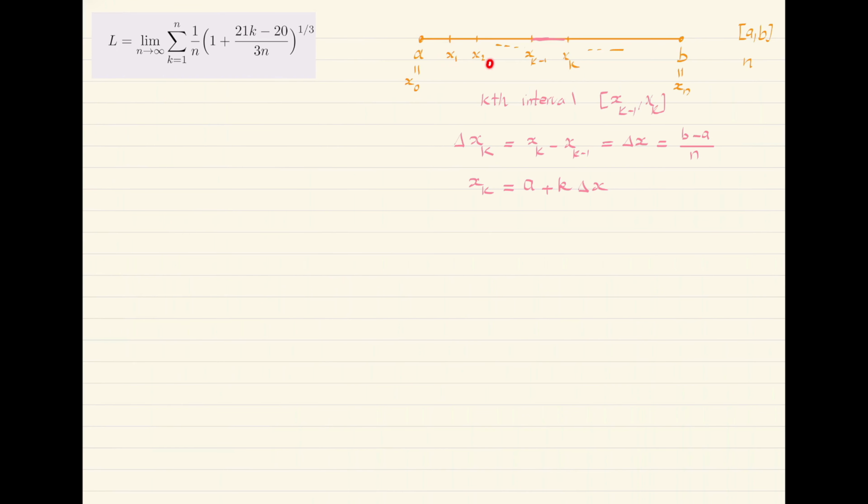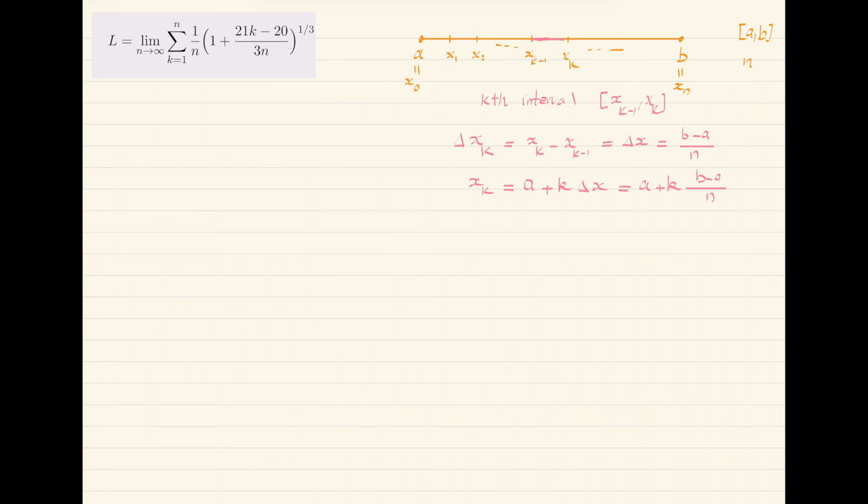If I want to reach x2, I start from x0 and I add 2 delta x's. So if I want to reach xk, I start from a, but this time I add k delta x's. So this is the formula in principle. It becomes a plus k, and instead of delta x, I put (b minus a) over n. Okay, so that is the kth node actually.